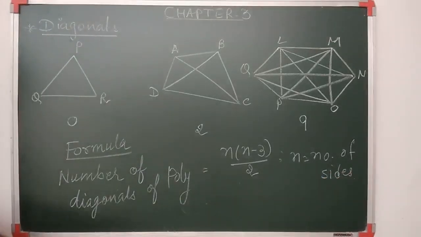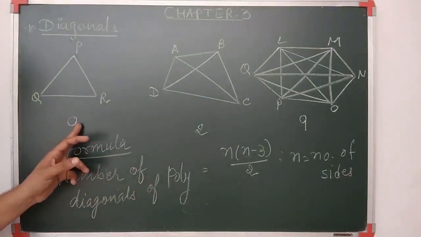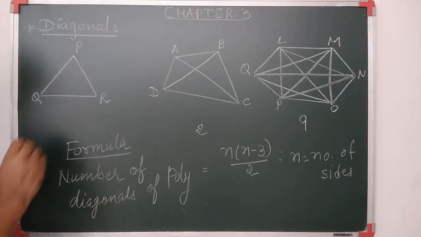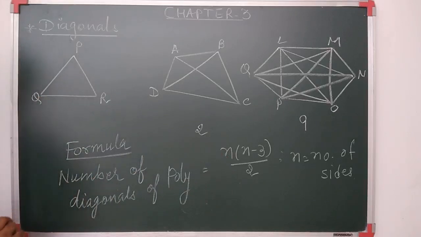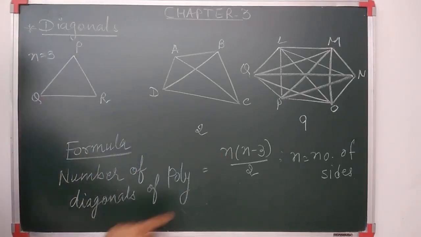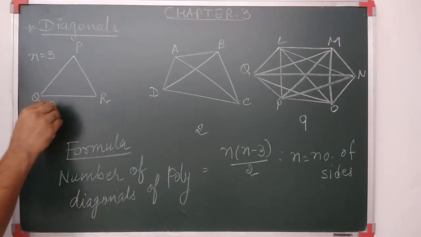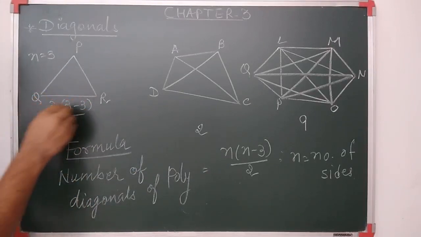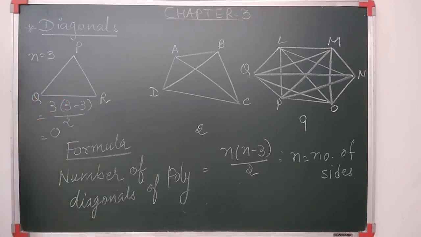Now let's start substituting the value, first for the triangle. How many sides does a triangle have? 3. So we can write n as 3. When I substitute here, we get 3 times (3 minus 3) upon 2. You can see 3 minus 3 is 0, so we obtain 0.